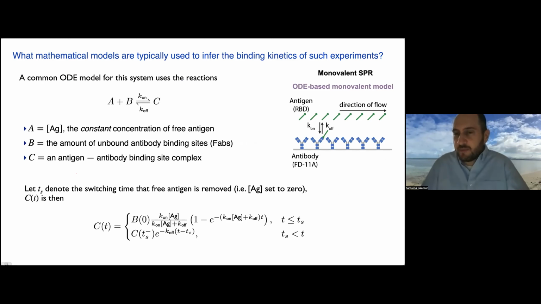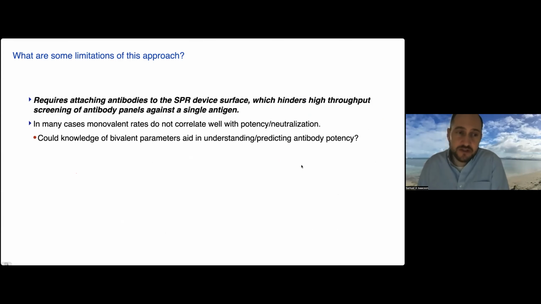You know, to try to say, I have a panel of 80 antibodies, which are the best candidates for using for treatment. So they would like to be able to do the reverse experiment where you send over the antibodies and the antigen are fixed. And so you only have to attach one thing to the surface one time, and then you change what you flow over. So that's another issue.